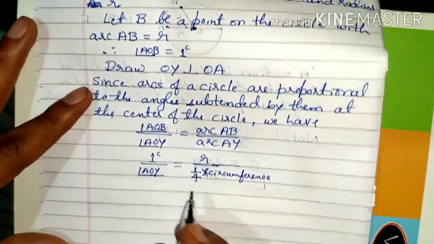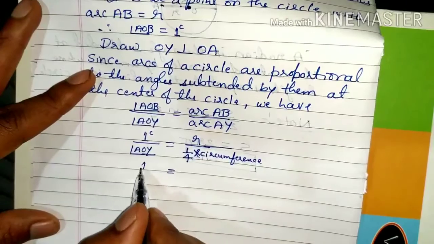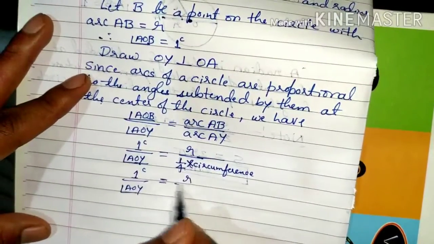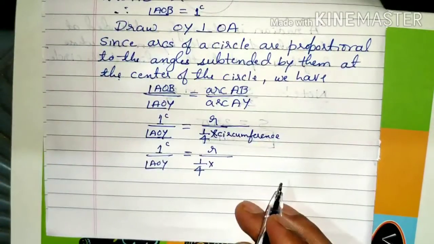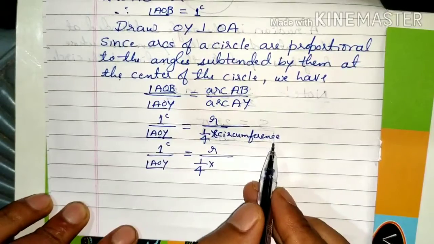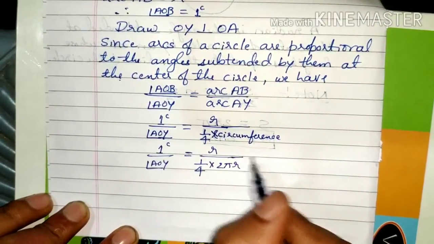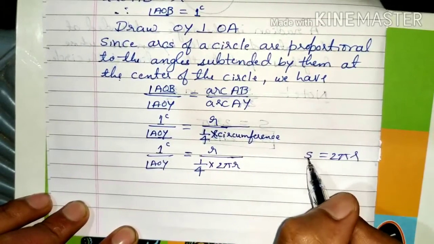So 1 radian divided by angle AOY is equal to r divided by 1/4 into circumference. What is circumference? Circumference is nothing but 2 pi r. In the note I have discussed that S is equal to 2 pi r, so S is nothing but the circumference.